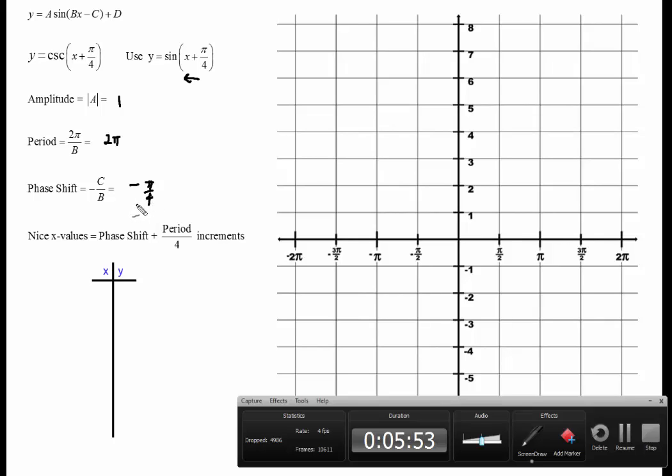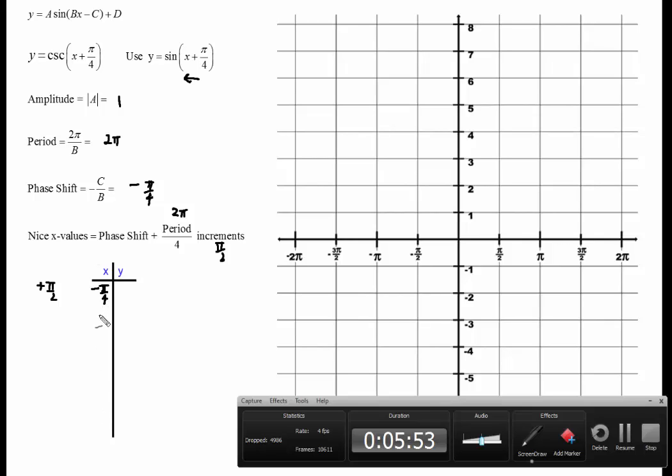All right, so now we know that the phase shift, we would begin at negative pi over 4, and then to get those nice x values, we would take that period of 2 pi and divide it by 4 for pi over 2 increments. So we would keep adding pi over 2 to this value all the way down to get our 5 nice values.